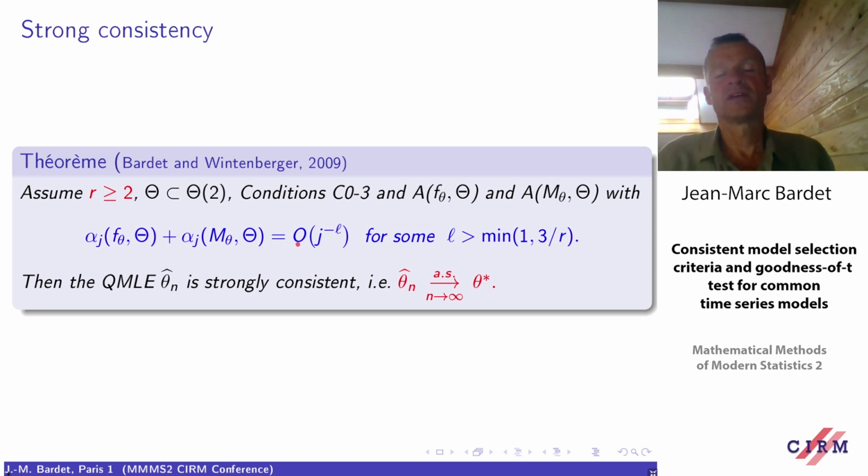That is, we would like it to decrease as j to the power minus l, where l is greater than the maximum of 1 and 3 divided by r. For instance, for r equal to 2, we obtain that l is greater than 3/2. Sorry, here it should be a maximum and not a minimum. And when r is greater than or equal to 3, then you just have the condition j to the power minus l with l greater than 1.